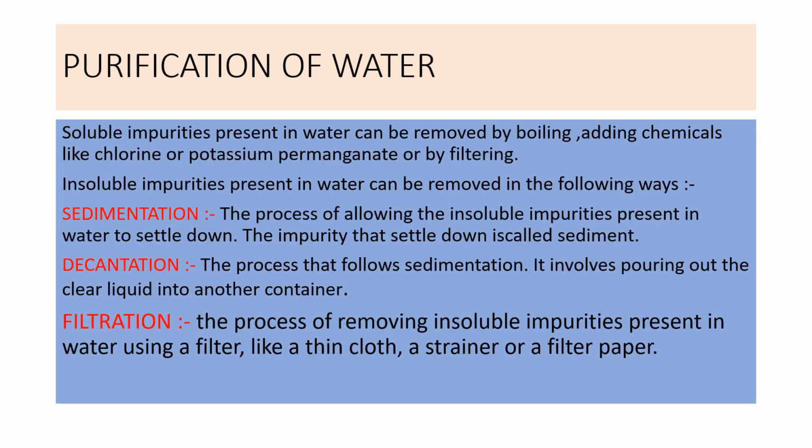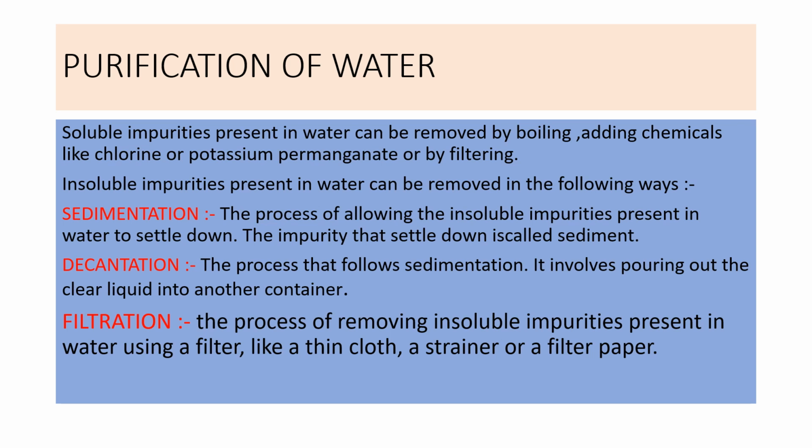Soluble impurities present in water can be removed by boiling, adding chemicals like chlorine or potassium permanganate, or by filtering. Insoluble impurities present in water can be removed by the following ways.